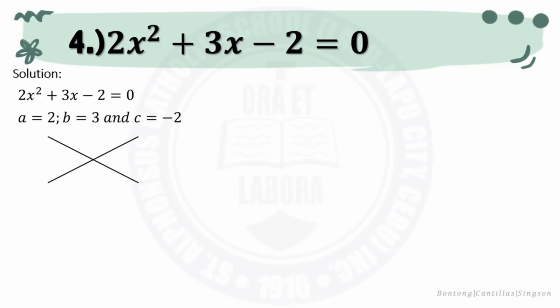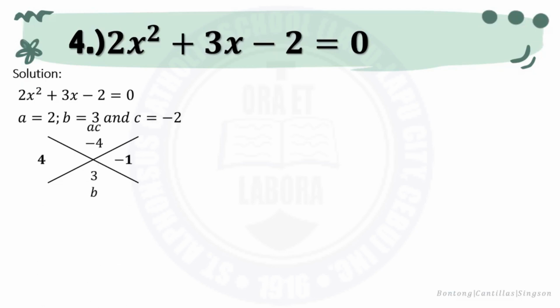So let's start with AC. A times C. A is 2, C is negative 2. 2 times negative 2, that's negative 4. So our AC is negative 4. Next, B. B is 3.